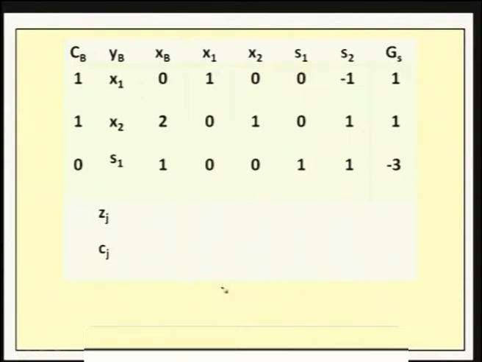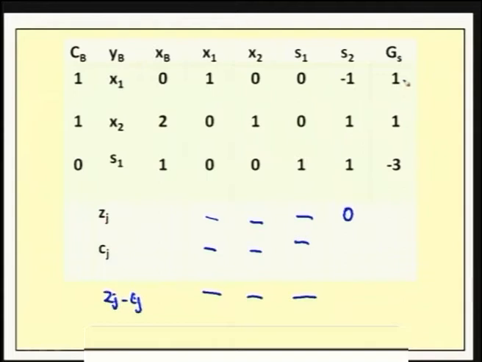Now, we have to check the optimal solution for this problem with the help of the dual simplex method. Since x1, x2 and S1 are in the basis, there is no need to compute Zj minus Cj for them. Now, for S2, our Zj minus Cj value is 1 into minus 1 plus 1 into 1, which is minus 1 plus 1, so it becomes 0.